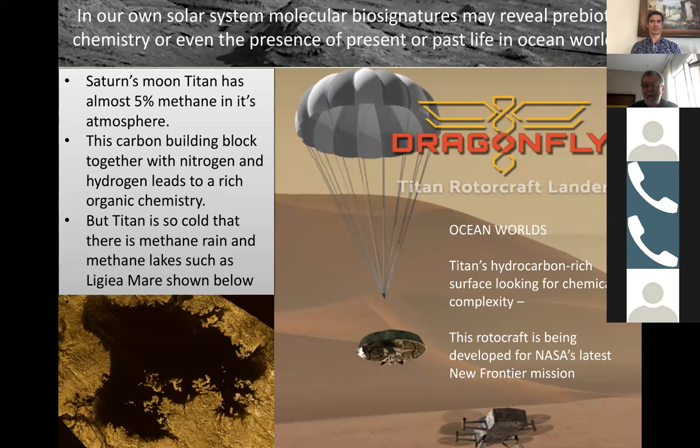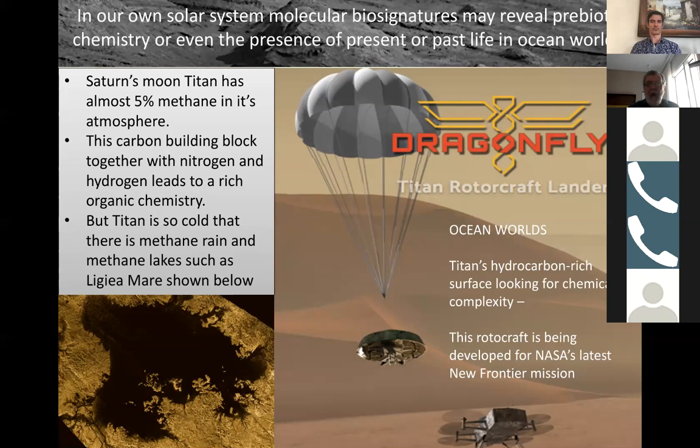It's essentially like a drone. It's going to get all these blades spinning even before it lands on the surface, try and gently land on the surface, and then make measurements, and then fly off to another spot and make more measurements, and really try and find out more detail of what that very chemically complex environment is.